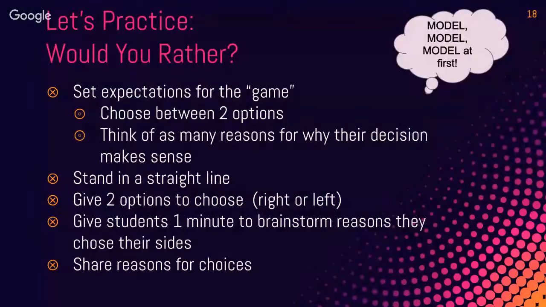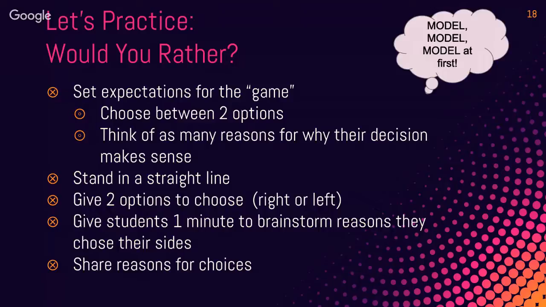So again, model at first. Make it a game. Make it where you're going to choose between two sides. We're going to think of as many reasons for why choosing either side makes sense. So first, we're going to stand in a straight line. Then I might give my two options, again having picture cues, one in my right hand, one in my left, and they have to make a second set of lines based on what side they go to.